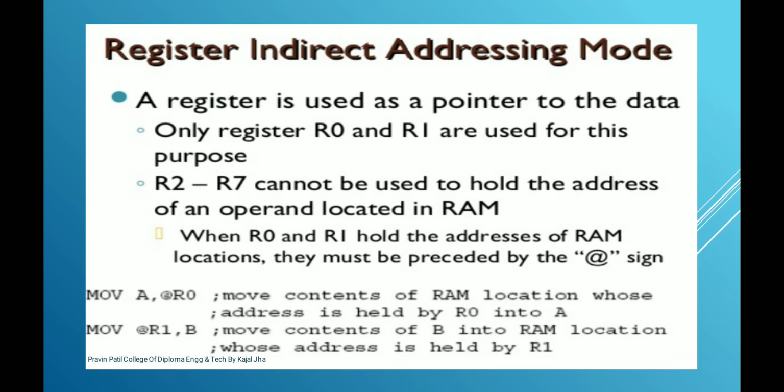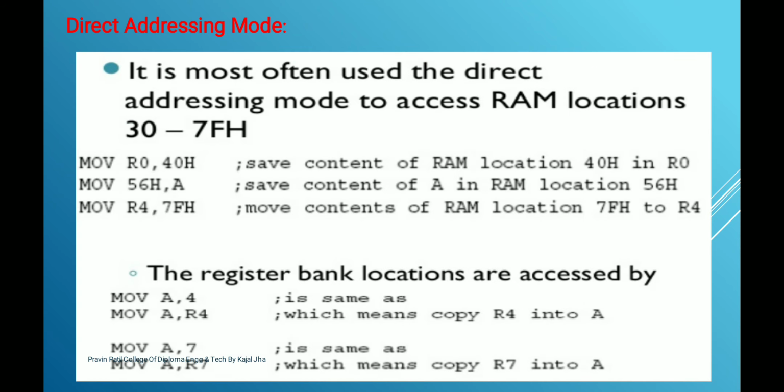After that, register indirect. Okay, wait. Direct addressing mode is as the name suggests: the value to be stored in memory is obtained by directly retrieving it from another memory location. The address of the operand memory location is specified in the instruction itself. In this mode, the source and destination operands can both be data memory locations.